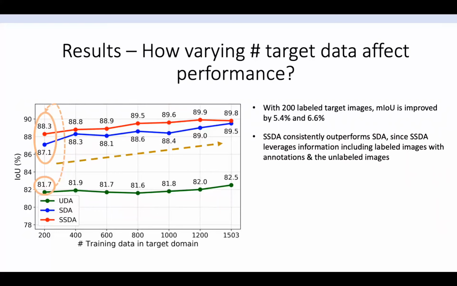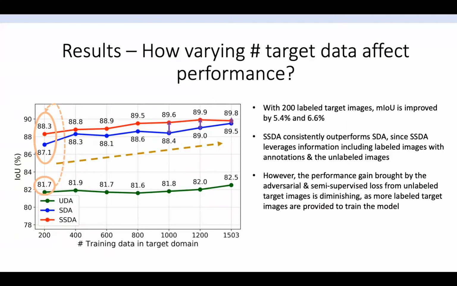However, since we have a fixed amount of target data, in SSDA, as more target data with annotations are provided, the amount of unlabeled data is decreased. Therefore, the performance gain brought from unlabeled data is diminishing. This explains the smaller performance gap between SDA and SSDA as more labeled target data are available.